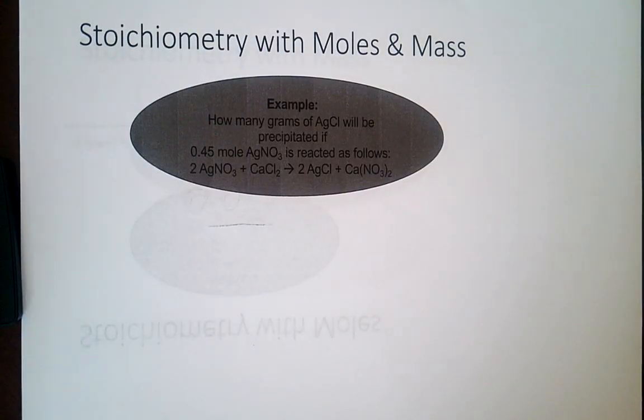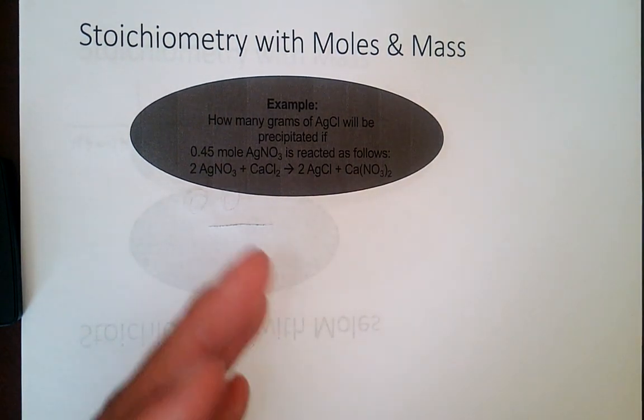All right, so how about moles and mass? Like I said before, moles is not a unit that we can measure really in a lab. Obviously mass definitely is, we can just quickly grab a scale and throw in a couple things in our scale to measure out the mass. So the question here is, how many grams of AgCl will be precipitated if 0.45 moles of AgNO3 is reacted as follows?